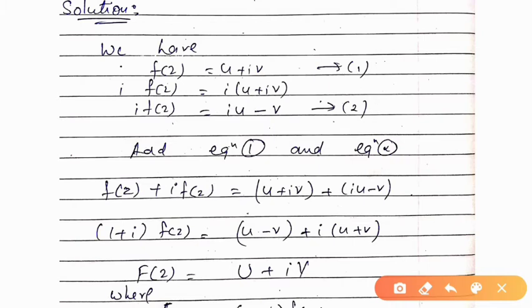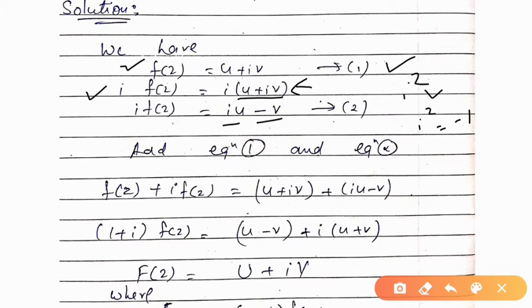As we have done before, we take f of z equal to u plus iv, and we name it equation 1. Now we will multiply equation 1 by i. So i f of z equals i into (u plus iv). If I simplify this, I get iu plus i square v, but we know that i square is equal to minus 1, so we take minus v here.